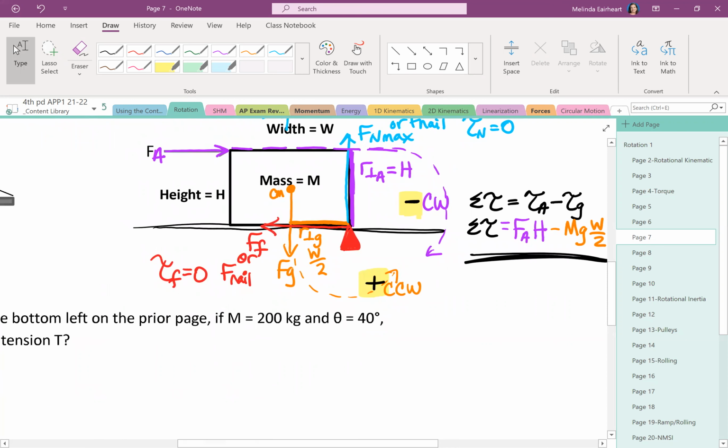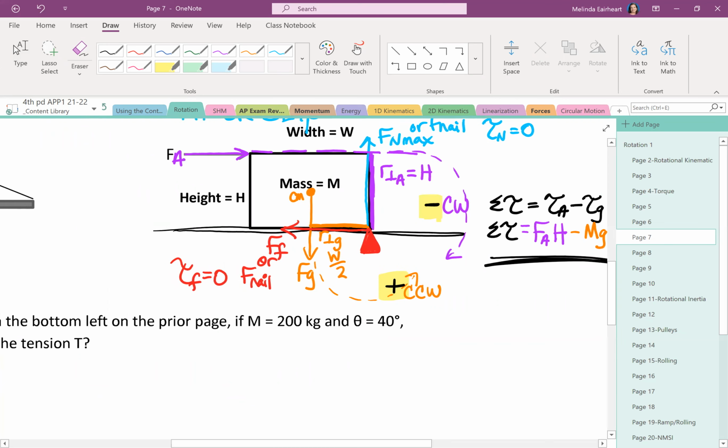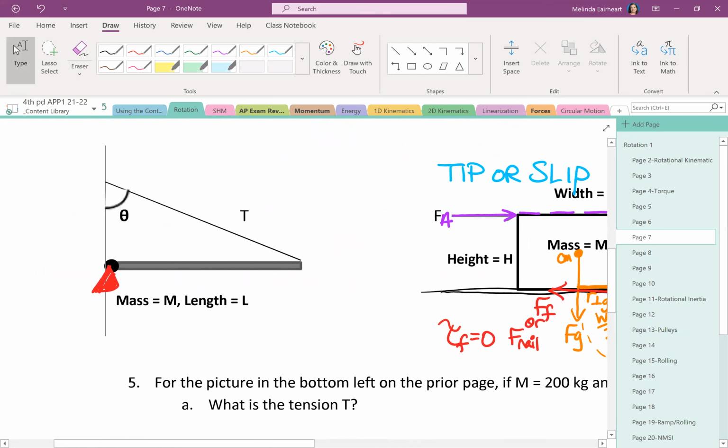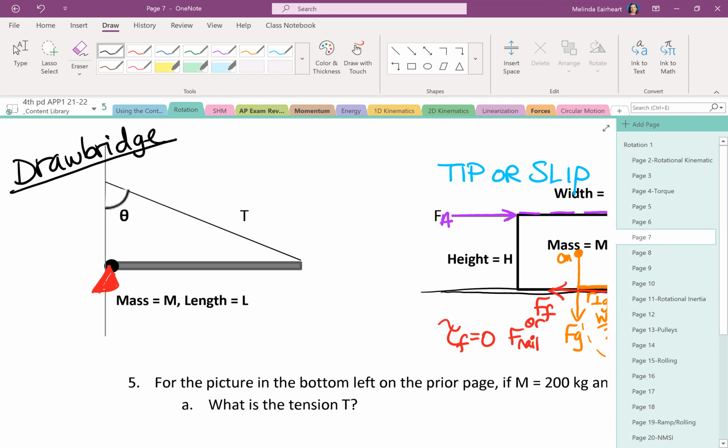Now, whether it's a sign that's connected to a building with a string, or what some videos or practice problems call a drawbridge, that's kind of dated now, but think about the medieval days. You had a castle, you got to protect it. You put some moat water around it, right? When your friends come up and say, let me in, you lower the drawbridge so they come, right?